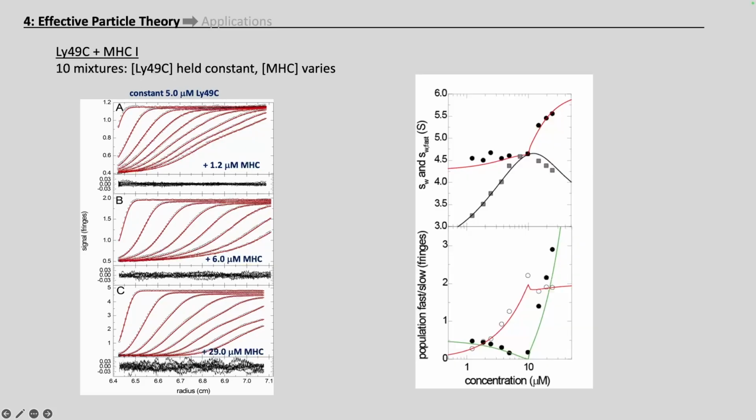The data points are extracted from integration of the CFS fits. Here, S fast refers to the reaction boundary S values, these SW are the weight average S values, and these are the amplitudes of the reaction boundary and the undisturbed boundary. As you can see, the best fit with effective particle theory is very nice, and we arrive at a consistent parameter set as we did with the Lamm equation solution fit.